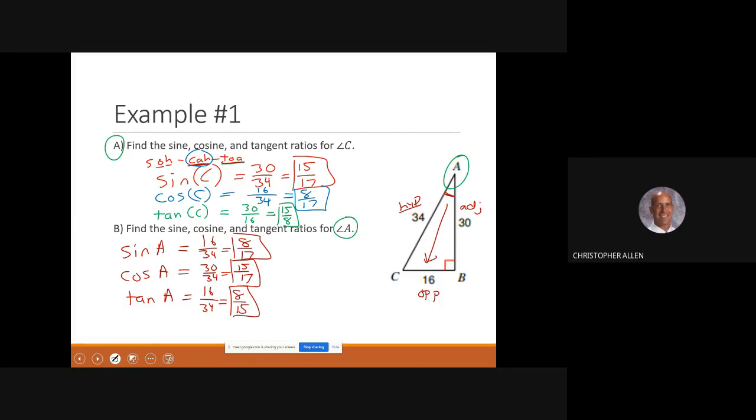Notice that the cosine of angle A is equal to the sine of angle C. The sine of angle A was equal to the cosine of angle C. But notice that the tangent of A is completely different than the tangent of C. All right, let's go ahead and move on if no one has any questions.